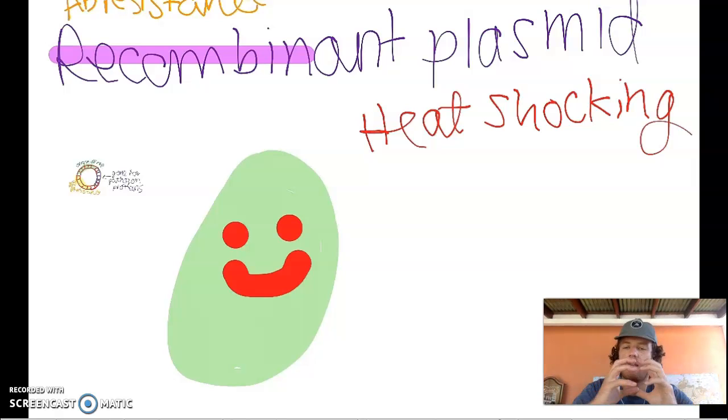What that does is it takes its cell wall and cell membrane and it kind of makes it loosey-goosey for a second. Heating it up kind of makes it so the membrane becomes a little bit more fluid, allowing for things to pass through.